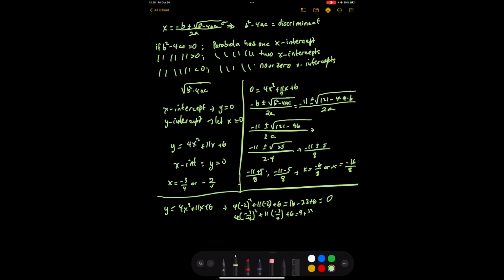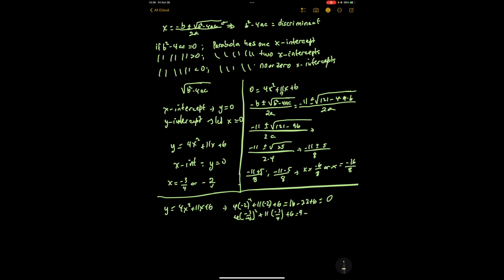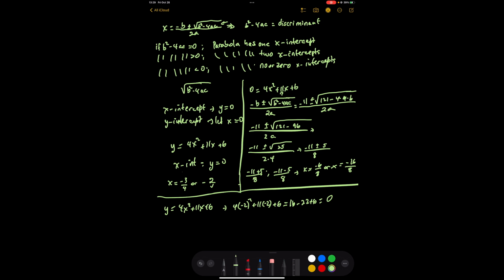Oh, my bad, it's negative 33 over 4. No, guys, mistake. That's not true. You first do the parentheses.